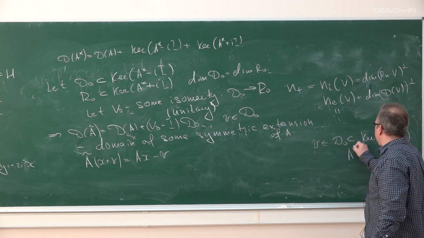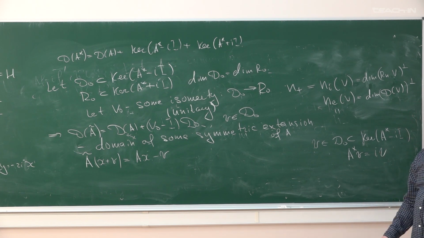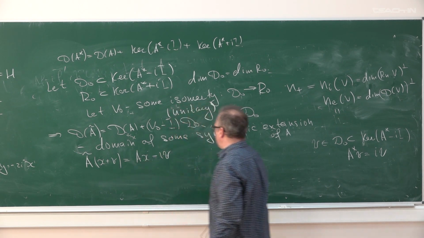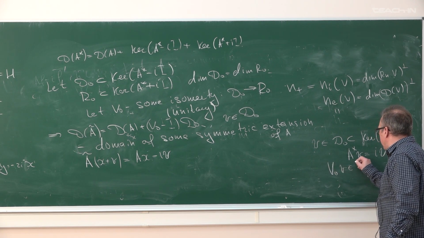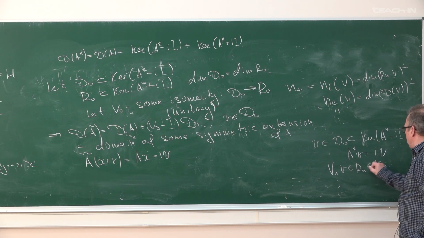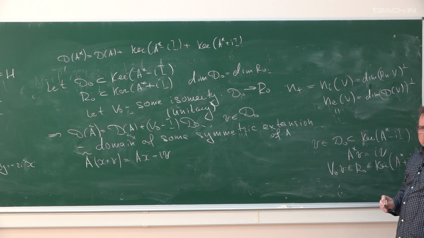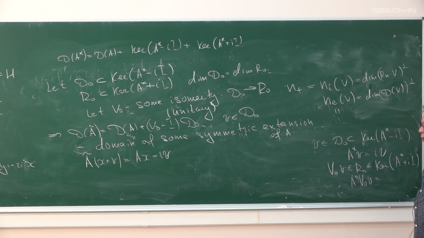So A star V equals IV. So here I take IV. And V0V belongs to R0 and belongs to the kernel. It's part of the kernel of this operator. So A star V0V equals to what? Minus I.